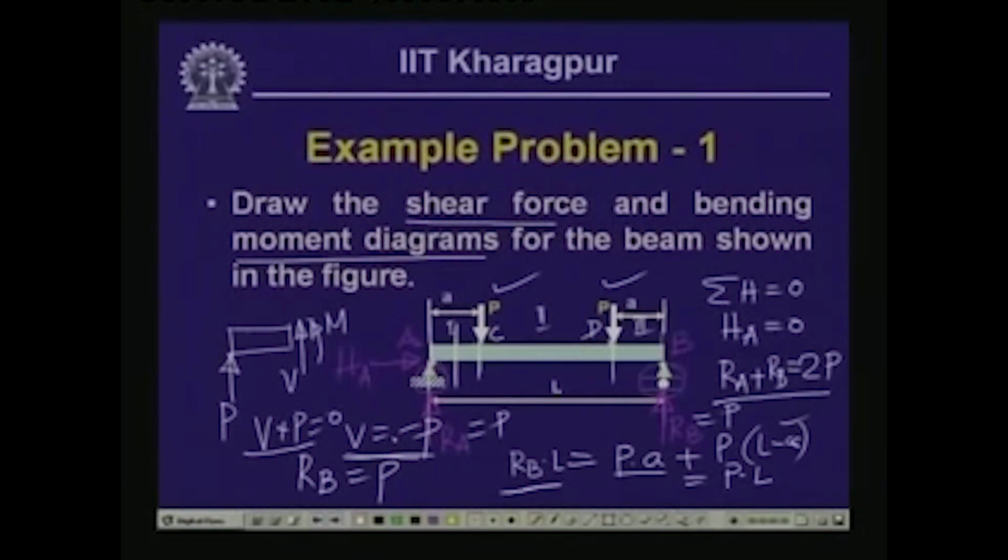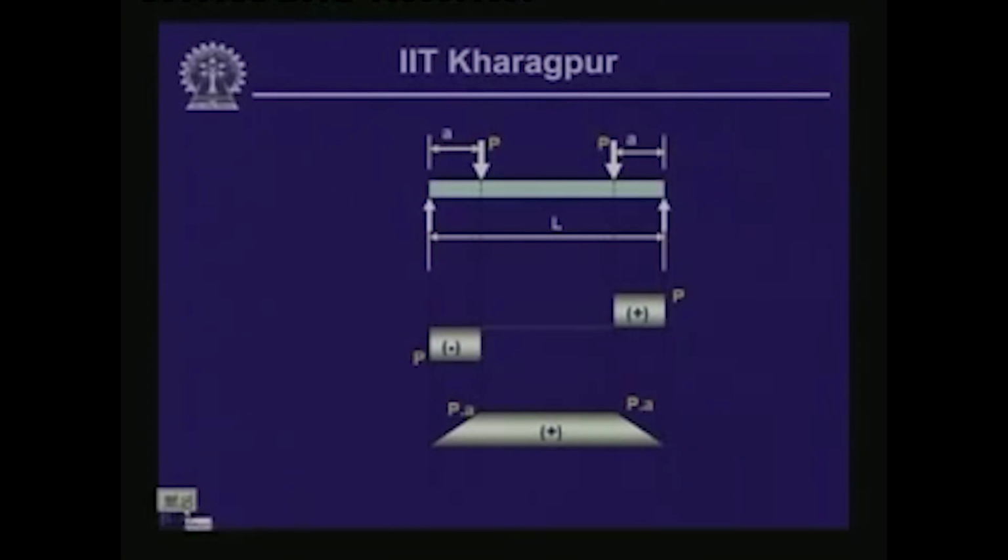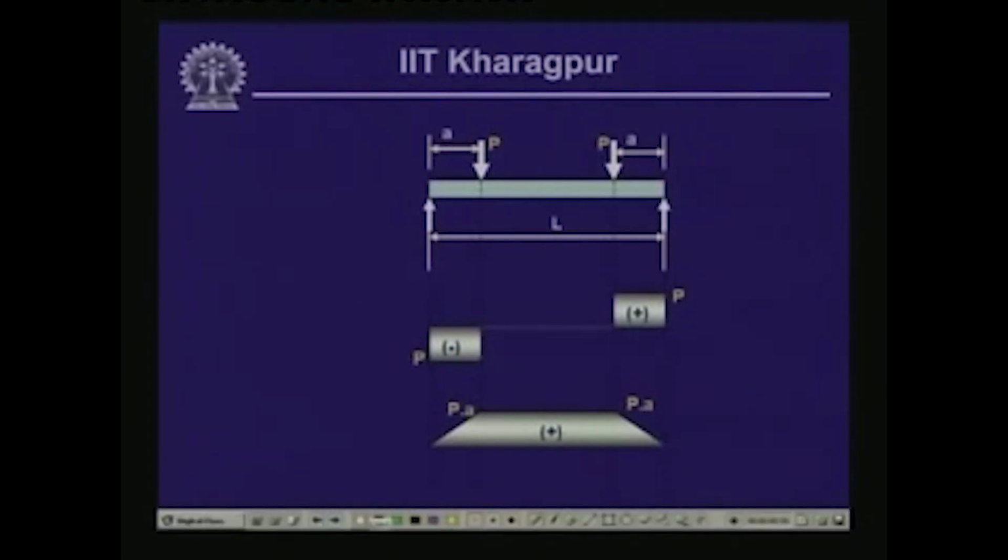Now let us see what happens if we take a section in the second segment. As we have seen, on segment 1 after taking the free body, we have V equals minus P. Now let us cut a free body diagram in this segment, and the free body diagram looks like this.